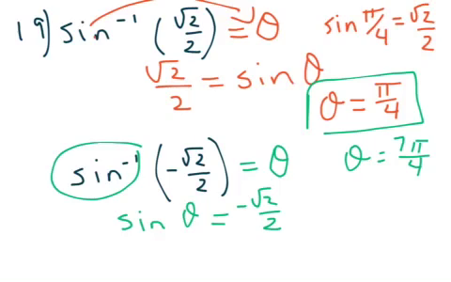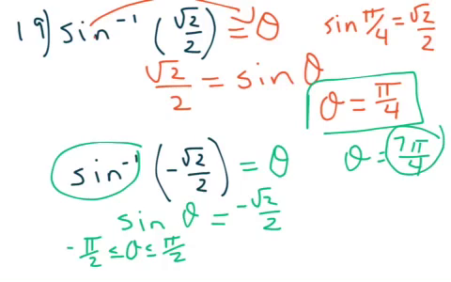We restricted the domain between negative pi over 2 and pi over 2. That's why the table is so important. There is not a 7 pi over 4 on table 1. What you do have is theta equals negative pi over 4.